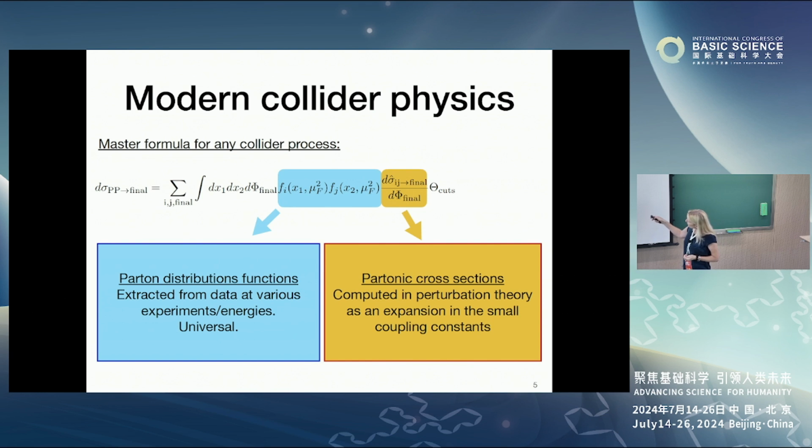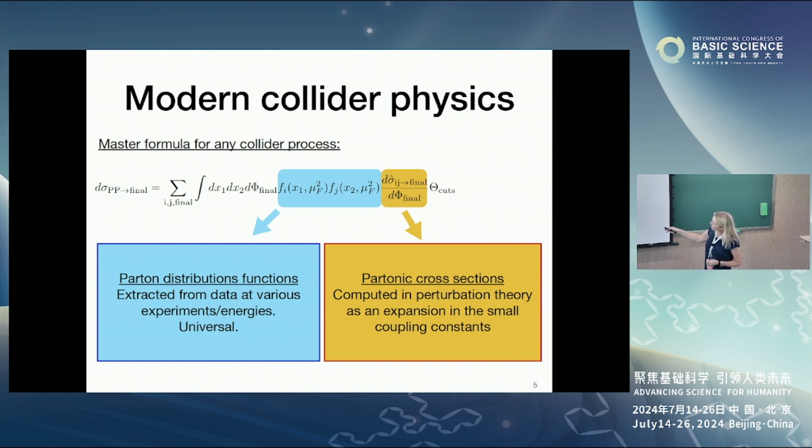And this cross-section is convoluted with these functions, which we call parton distribution functions. They can be thought of as the probability to pick a quark or gluon in the proton with a given momentum fraction x at a given scale, the so-called factorization scale. So you have to integrate over x1 and x2, integrate over the phase space for the final state, and then possibly have some cuts. But this formula is extremely general, and is always used.